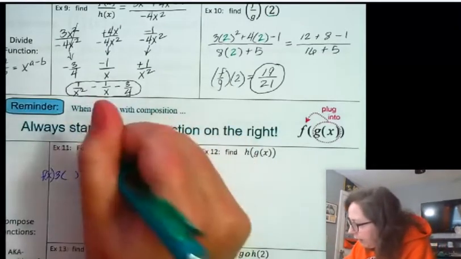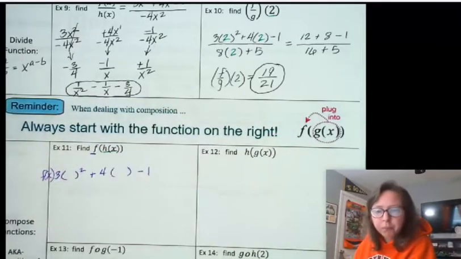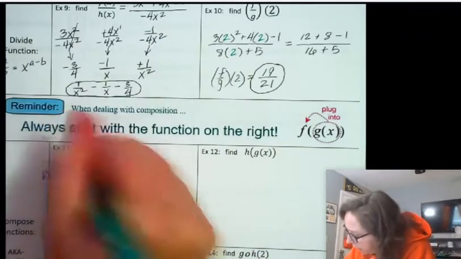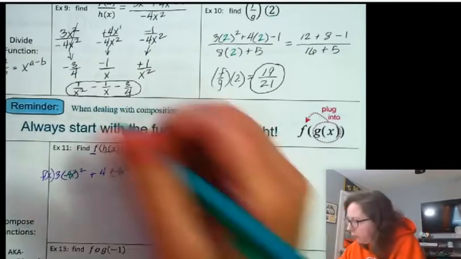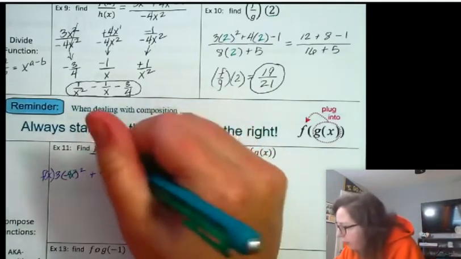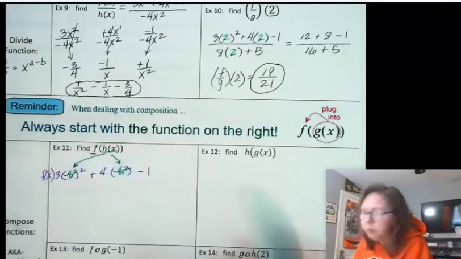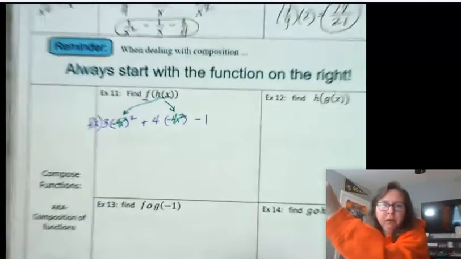Now I'm going to take h of x and plug it in everywhere. h of x is negative 4x squared. Negative 4x squared. Yeah, I used the right one. So h of x is the function that goes into the parentheses this time. Let me zoom in.